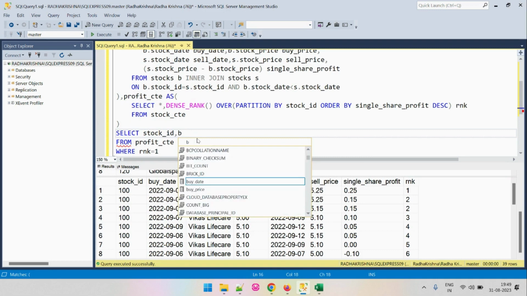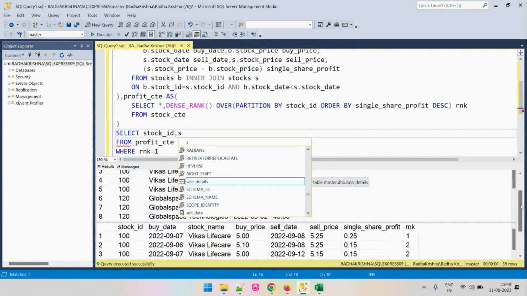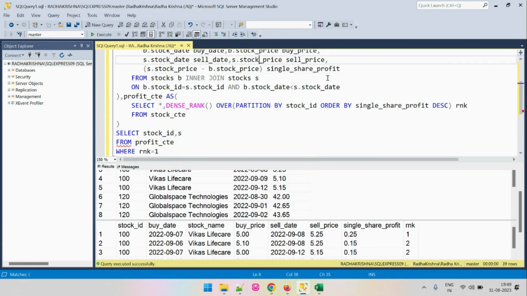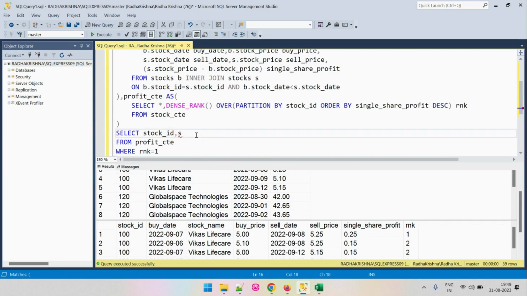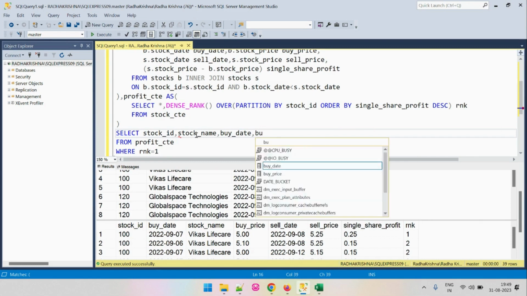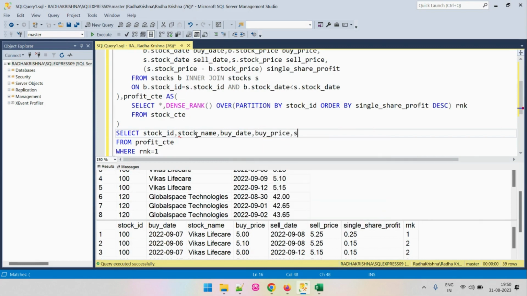We have stock ID, stock name, buy date, buy price, sell date, sell price, and single share profit. We have listed out all the columns and now we will fetch only the records where rank is equal to 1. Let's run and see the output.